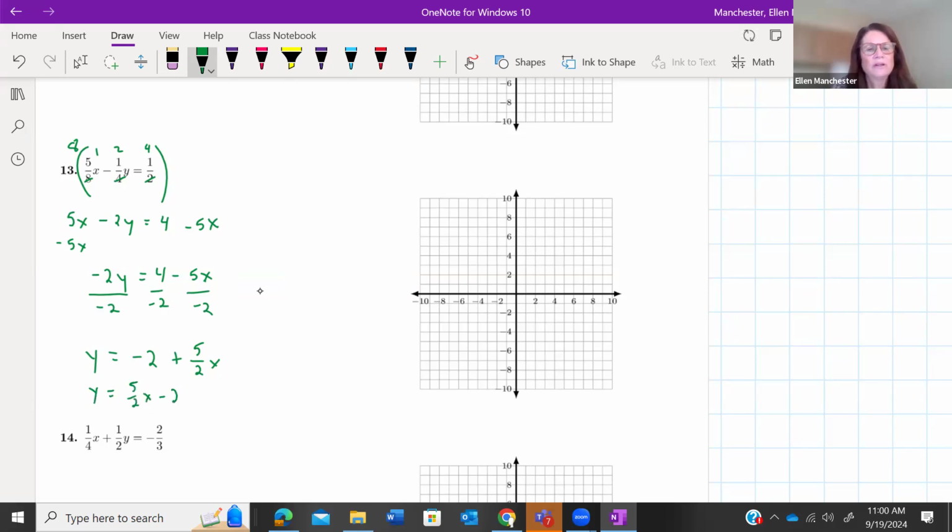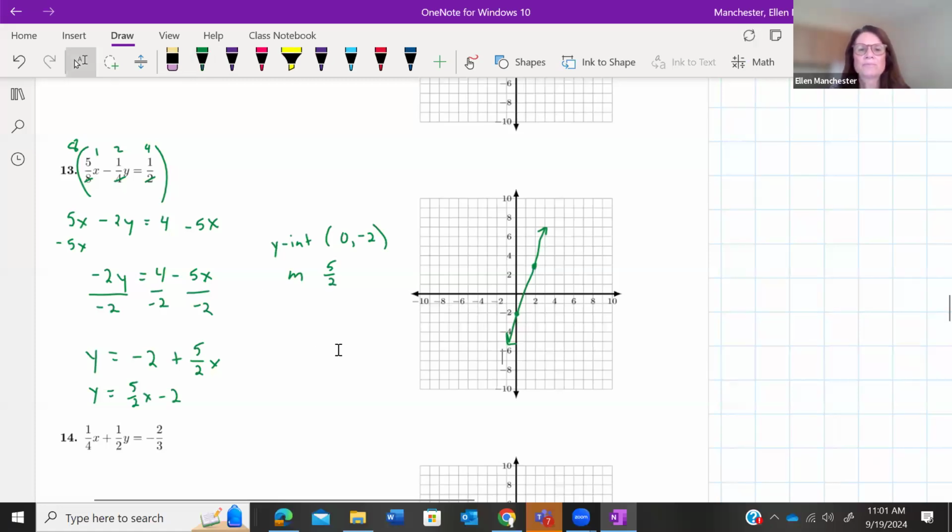You don't have to. I just want to make sure that you have it in the right position. So your y-intercept is 0, -2, and the slope is a positive 5/2. So here we go. Put a point at -2. From there, we're going to rise 5, 1, 2, 3, 4, 5, and run 2. And then always double check, since you have a positive slope, your line is going uphill. So that makes it a positive slope.